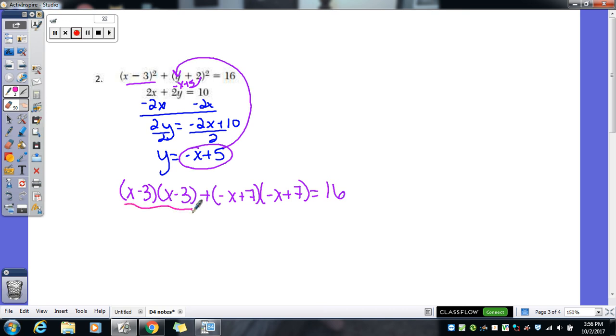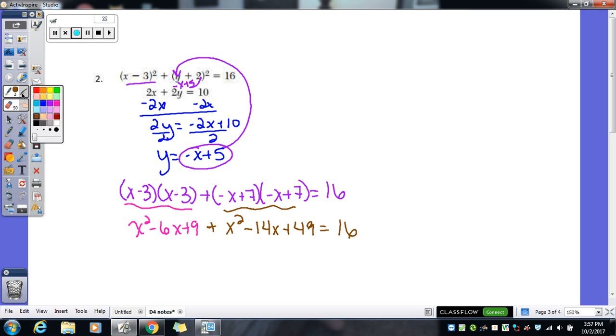So now we need to multiply this out, combine our like terms, so we get x squared minus 6x plus 9. When I do the same thing over here, I would get an x squared minus 14x plus 49. And that still equals our 16. So combining my like terms, I get 2x squared minus 20x plus 58 equals 16.